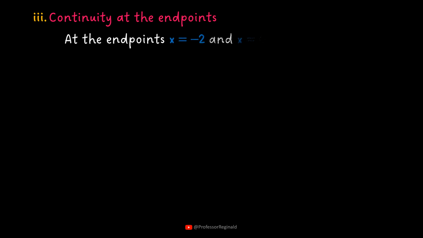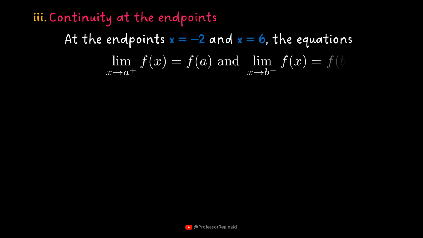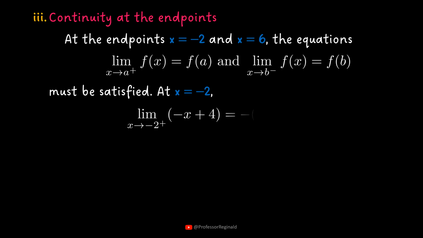Third, continuity at the endpoints. This is an optional part since it has already been proven in the first part. At the endpoints x equals -2 and x equals 6, the equations must be satisfied. At x equals -2, the limit of -x + 4, as x approaches -2 from the right, is equal to 6.